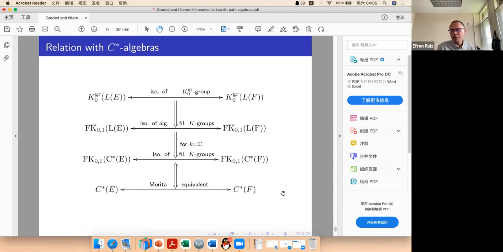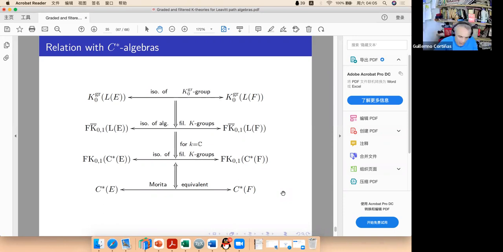So would you say that again, Willie? So say you have a homomorphism between K0 graded of LE and K0 graded of LF that preserves the order structure and the order unit, and is assumed to be equivariant with respect to the shift action.